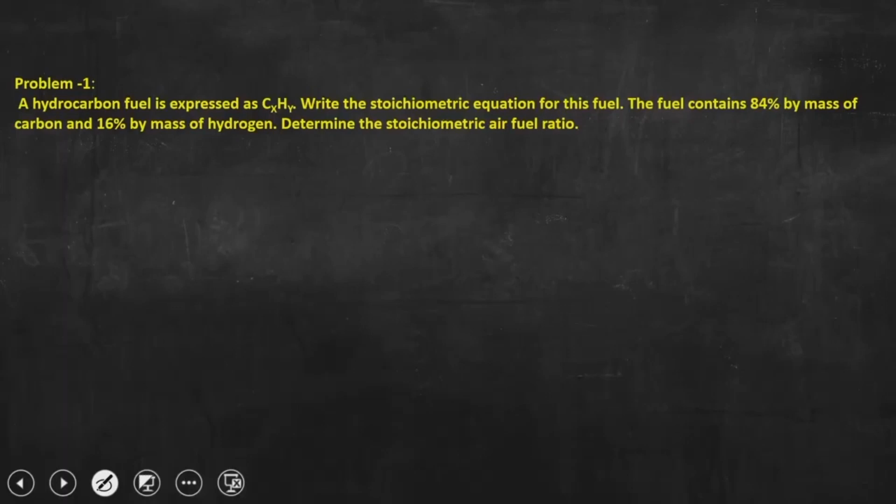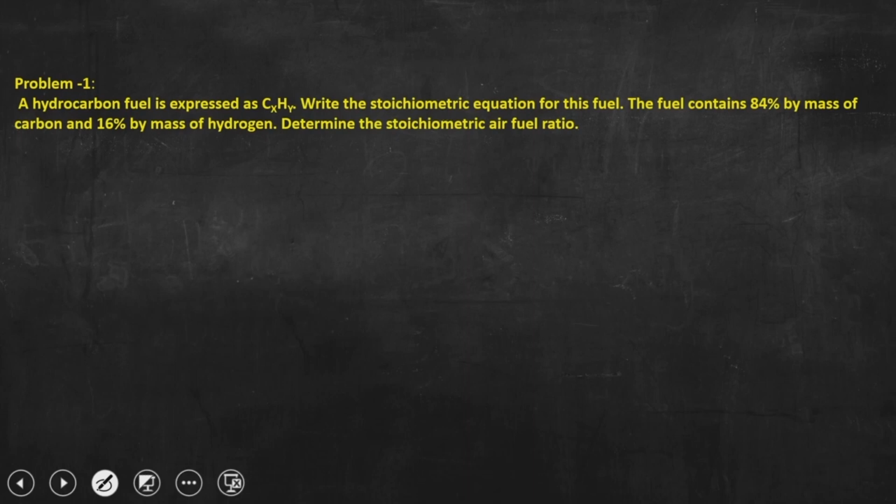A hydrocarbon fuel is expressed as CxHy. So, it is a generic form. Instead of writing C8H18 or any other formula, it is better to write in a generic form. Write the stoichiometric equation for this fuel.